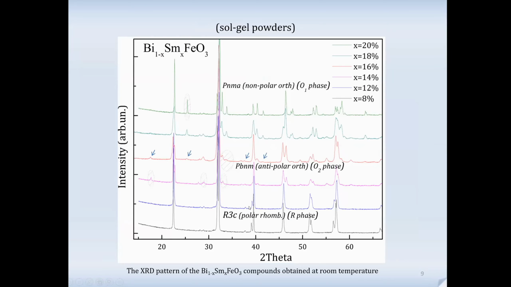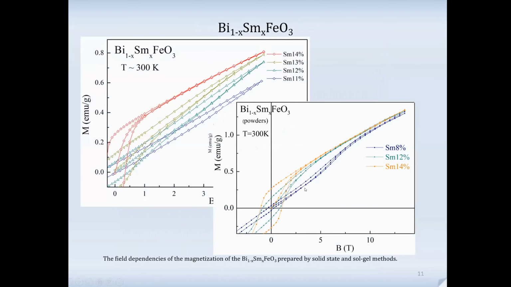So 12% is still rhombohedral, but in terms of magnetization we have some remnants, while the crystal structure remains rhombohedral. So for this series of compounds there is no single match between the crystal structure and magnetic structure. I wouldn't say strange, but it's interesting.